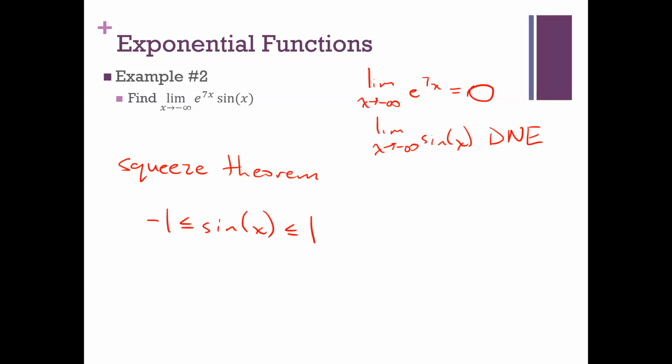We care about e to the 7x sine of x, right? Before I go any further, I should make sure that everyone is buying into this idea. Now I'm going to multiply all 3 branches of that inequality by e to the 7x.